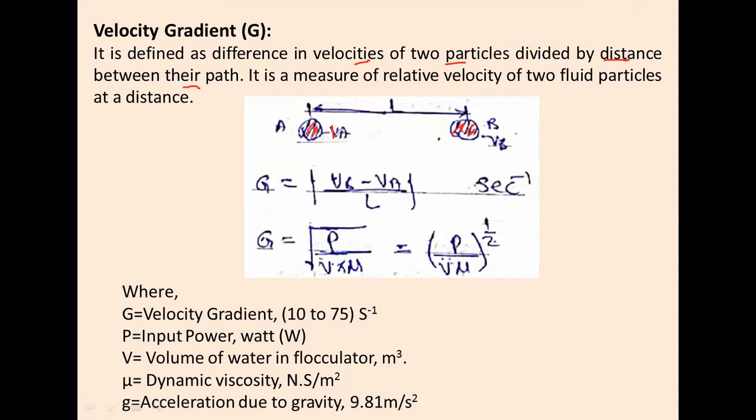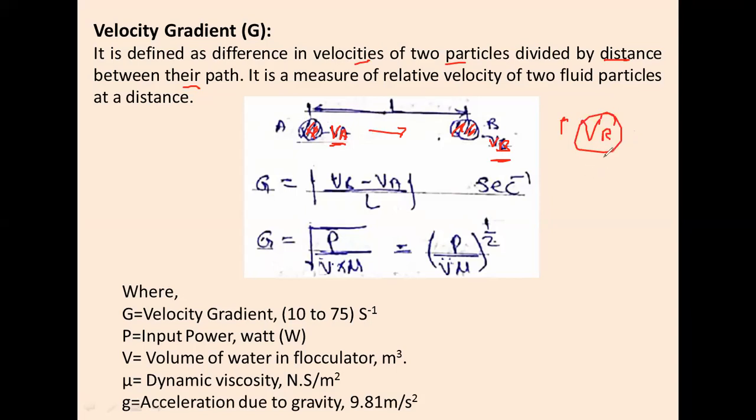This particle has velocity VA and this has velocity VB. This particle is moving with some velocity which is different from this velocity. This difference of the two velocities is the relative velocity. Let us call it VR.